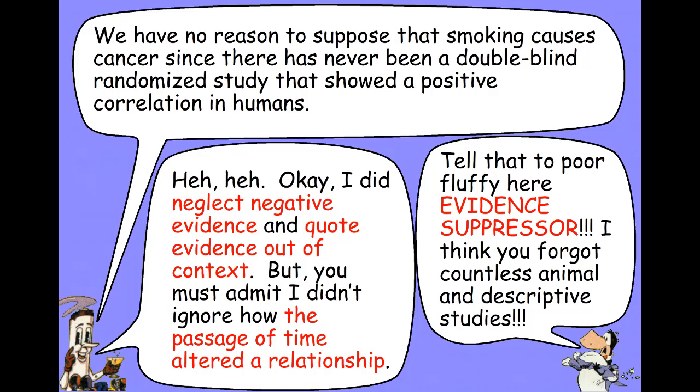Right? So they've neglected the negative evidence. There are plenty of animal studies where animals are exposed to cigarette smoke and they develop higher rates of lung cancer. And there are plenty of descriptive studies where, instead of assigning people to groups, you let them self-select. Then you follow them through their lives and you see what the differences are.